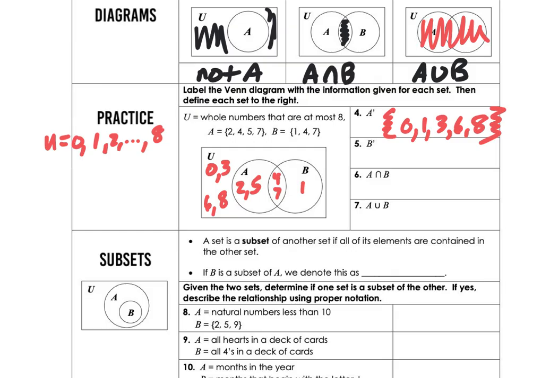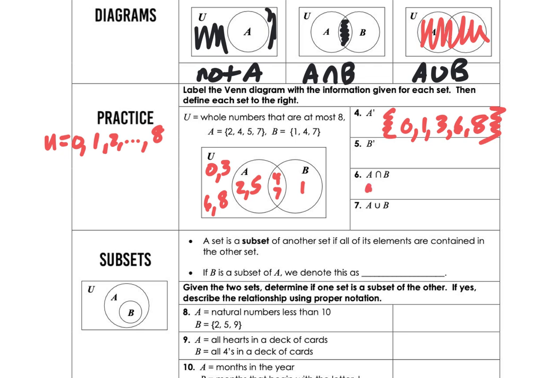Okay, this one here, we read it as not B. What numbers are not in B? So every number that's in this box that's not in this circle. So it would be those again. So I'll kind of skip over that one because we kind of already did not A.